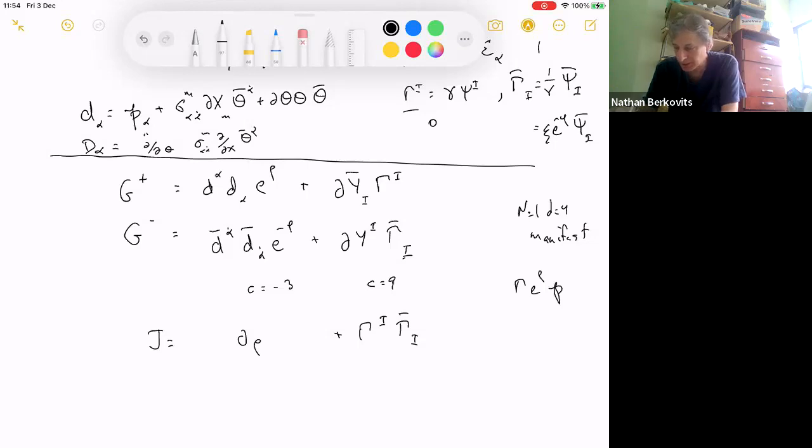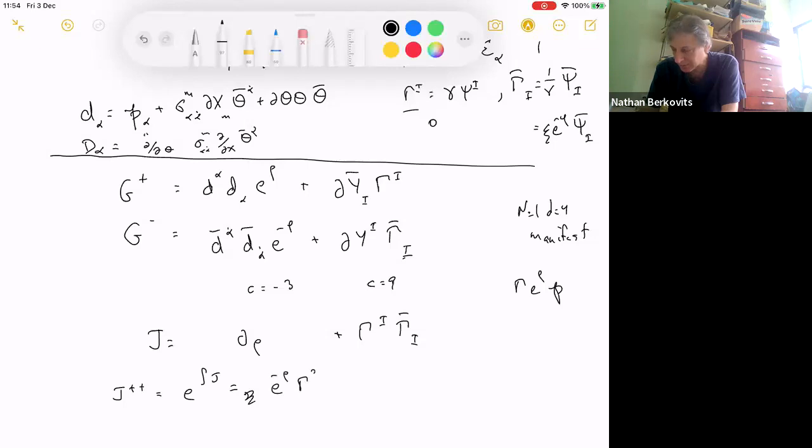Okay, so I didn't tell you what G tilde plus is, but since we have J, actually, I never told you how to get J plus plus. So J plus plus you can get by computing the exponential of the integral of J, and this turns out to be equal to e to the rho times e to the minus rho, sorry, times gamma cubed.